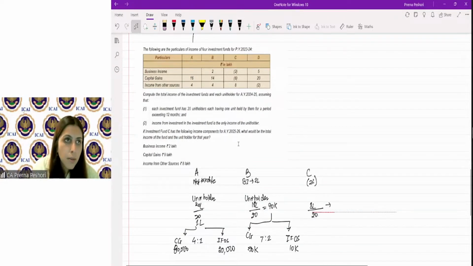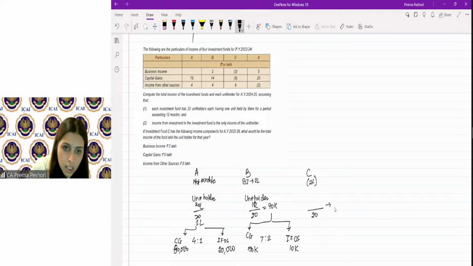So here it should be 6 lakh, which is 8 minus 2 lakh, divided by 20.